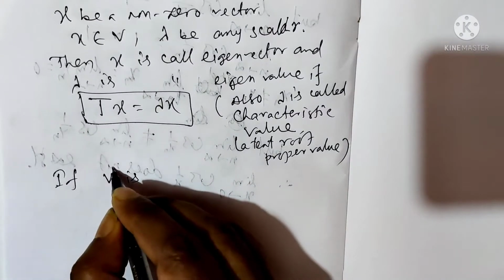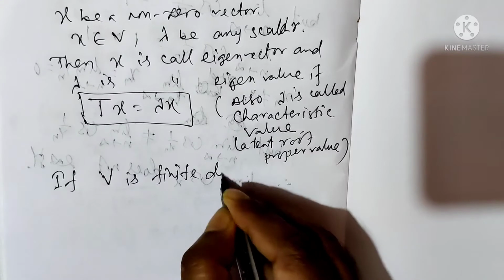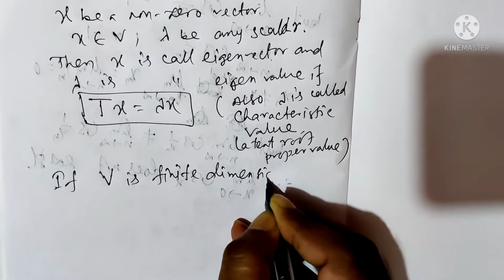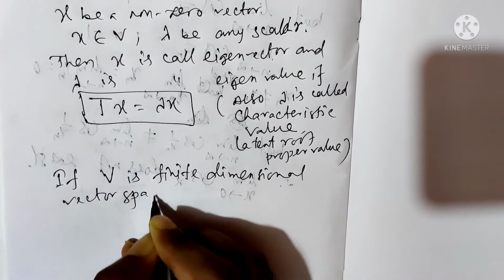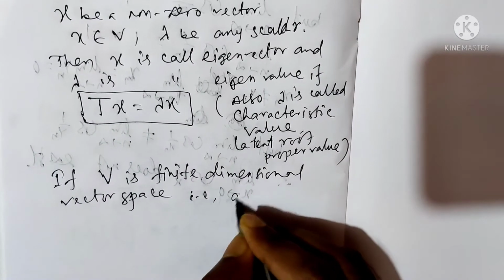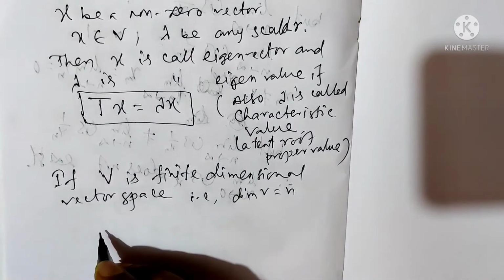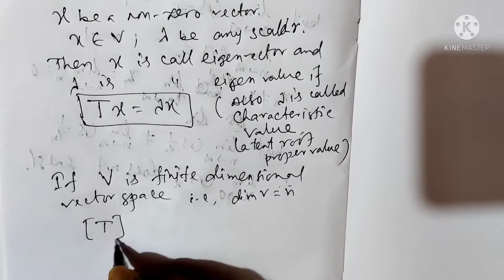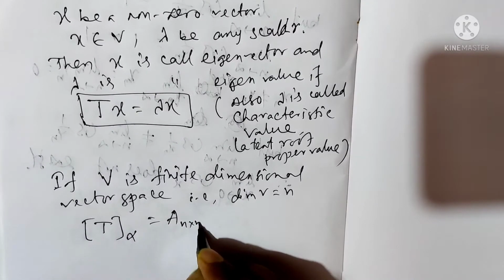If V is a finite dimensional vector space, that is, dimension of V equals n, then T with a suitable basis alpha can be written as a matrix A, an n cross n matrix.